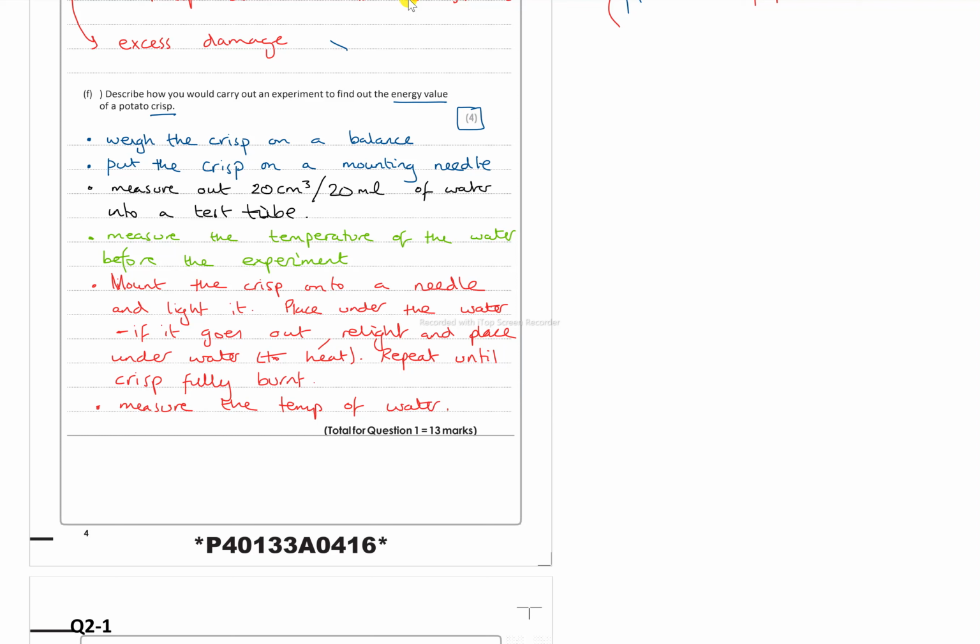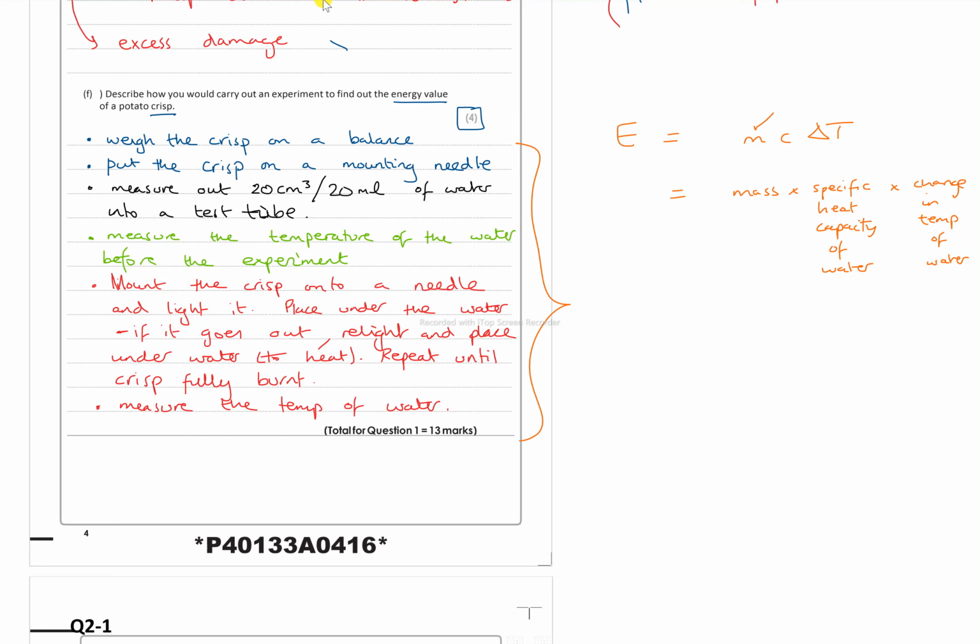And you've got all the details. That's all they want: Q equals MC delta T. I think there are different versions of this. M is the mass, C is the specific heat capacity of water, because we're using water, and delta T is the change in temperature of the water.